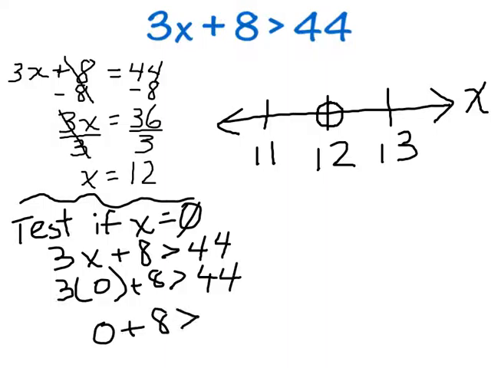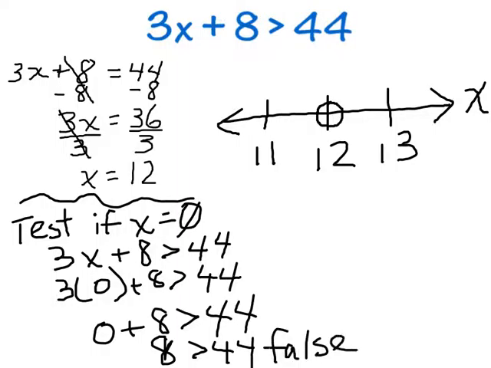I really only have 8. So 8 is greater than 44. This is a false statement. 8 is not greater than 44. 44 is greater. So that means that when x is equal to 0, it makes a false statement.